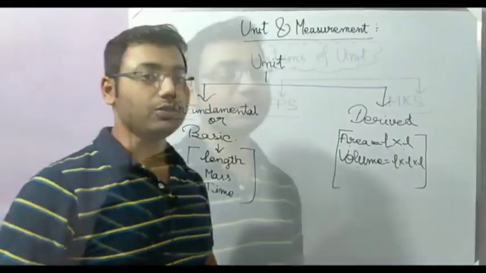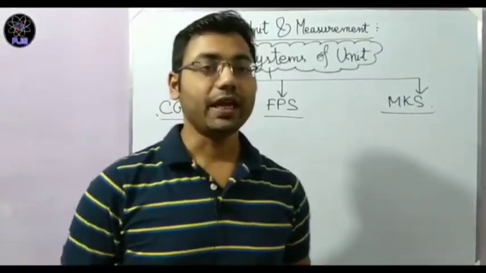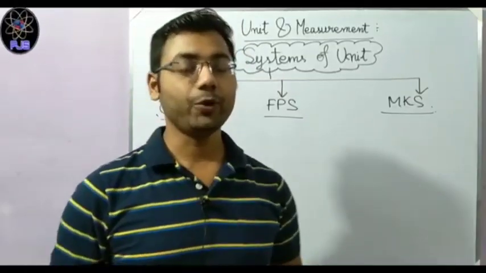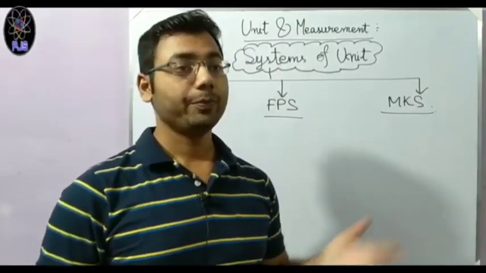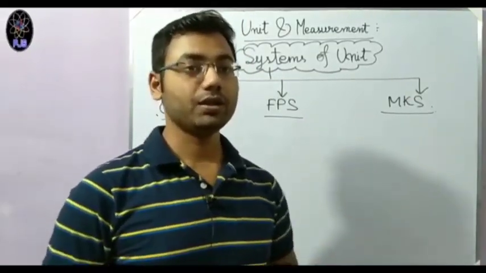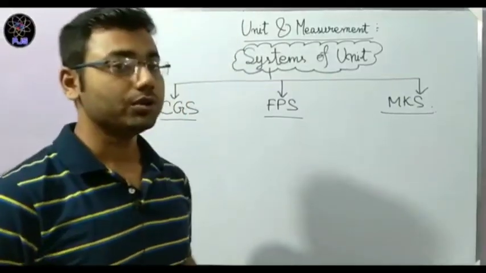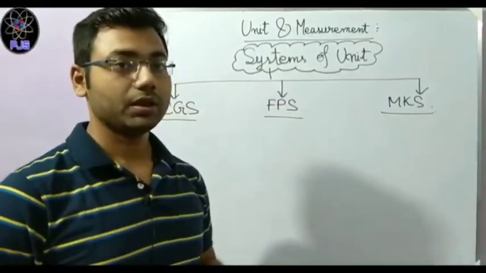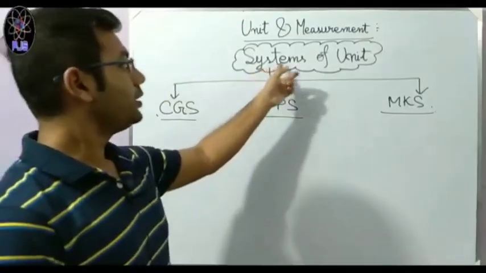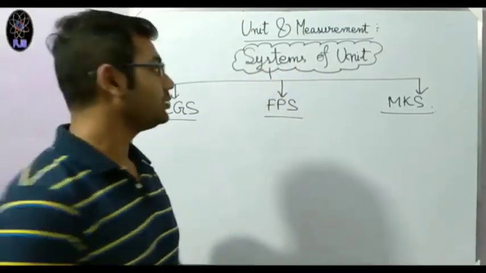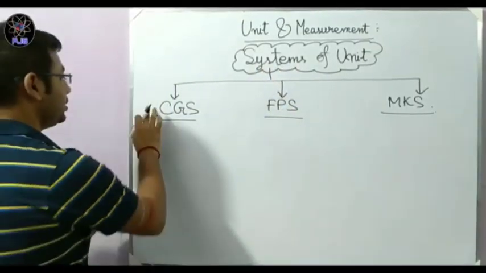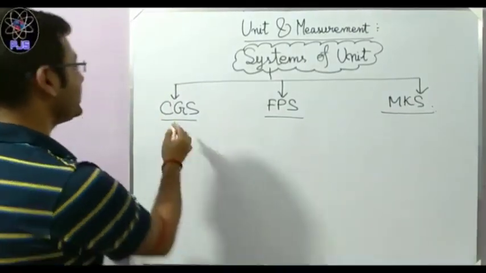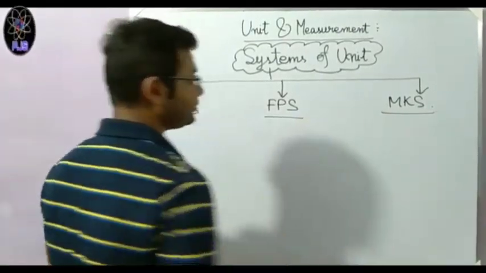Okay, now the next thing is units like handspan, feet and cubit. But there is some problem that from person to person that unit varies. So some types of unit, that is called system of unit, were introduced, and these are CGS, FPS, MKS.